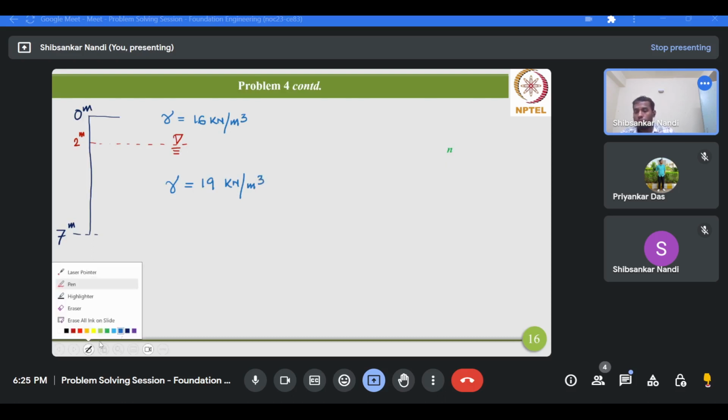So the effective vertical pressure will start from a value of 0 at the ground surface to 16 multiplied by 2, that is 32 kPa at the water table location.